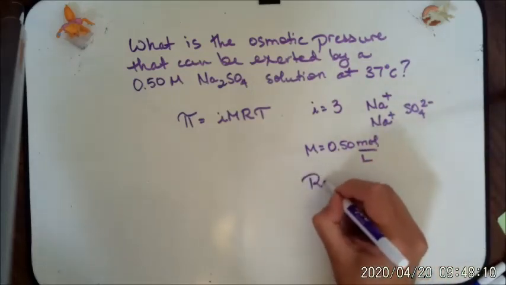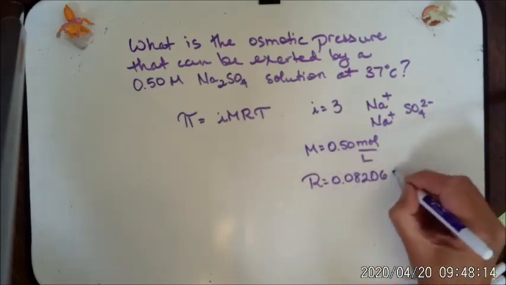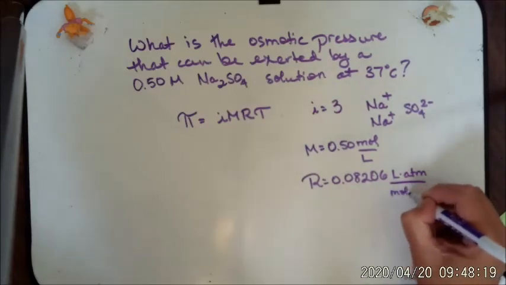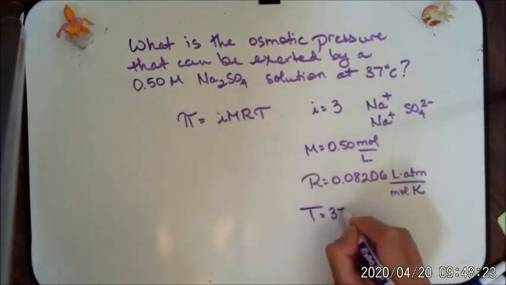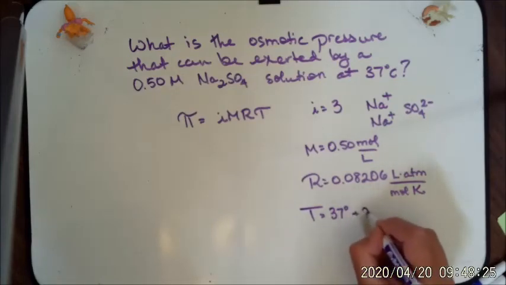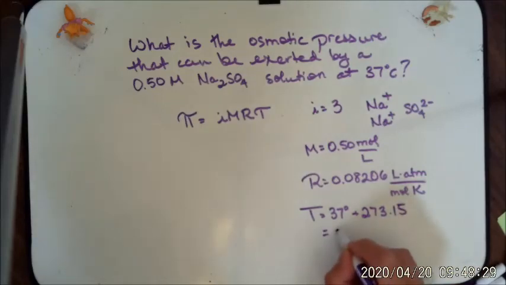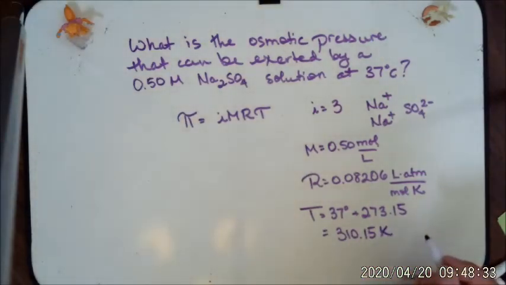R is 0.08206 liter atmospheres per mole Kelvin. And T is equal to 37 degrees plus 273.15. That should give us 310.15 Kelvin.